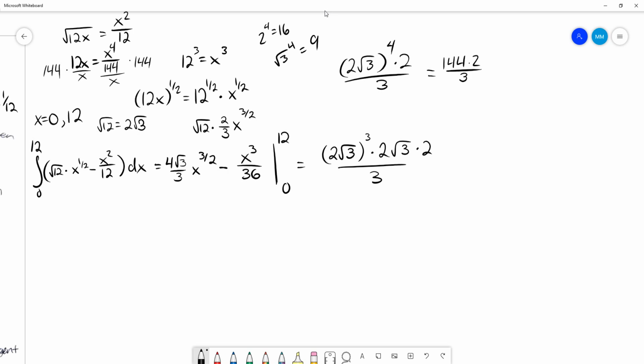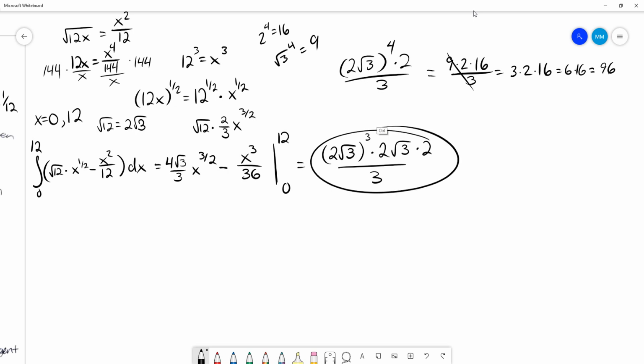Which obviously, suppose we don't actually have to multiply that out because I could factor out the 3 there, so it becomes just 3 times 2 times 16, which is 6 times 16, which is, let's see, 64, 80, that would be 96. That makes sense. Okay, so this turns into a 96.